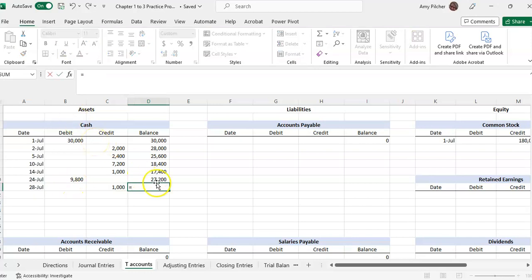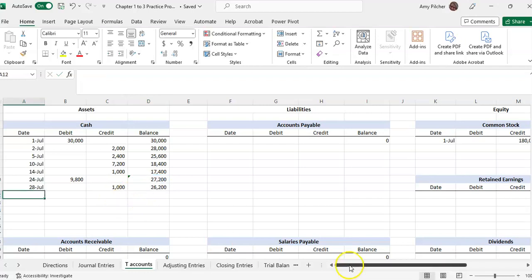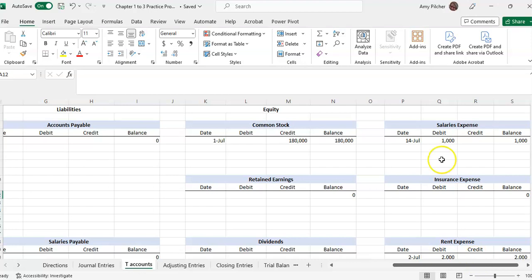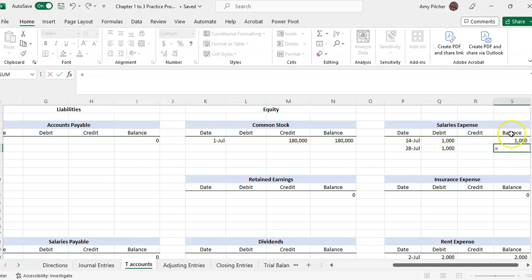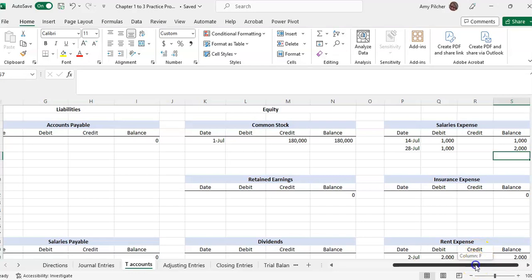Okay, where current balance minus credit, and our salaries expense of $1,000. We get the balance plus our new addition of $1,000.